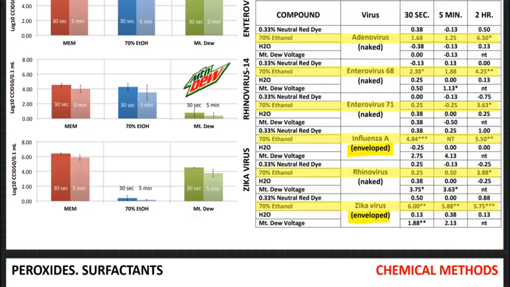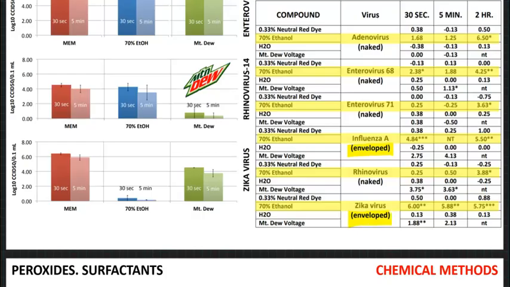Now, the highlights that I already have in place show how much different chemicals like water, Mountain Dew, which I find hilarious, neutral red dye, and 70% ethanol decreased the activity of the virus, right?